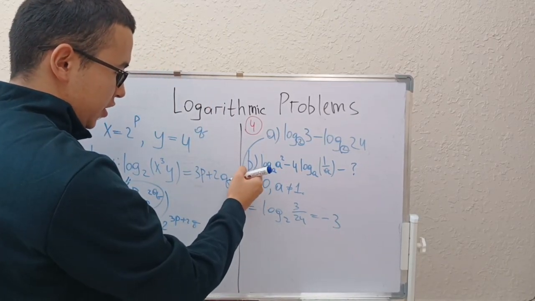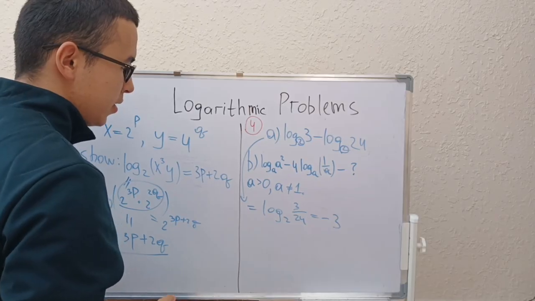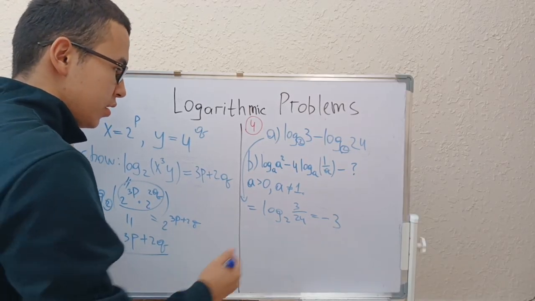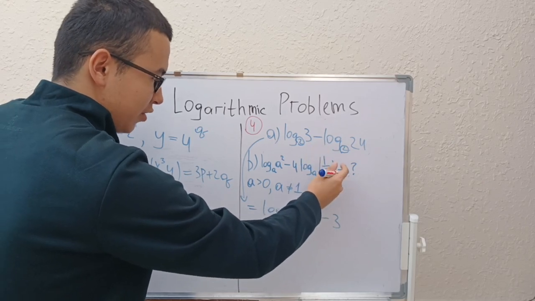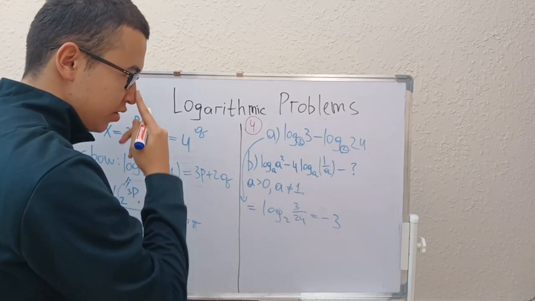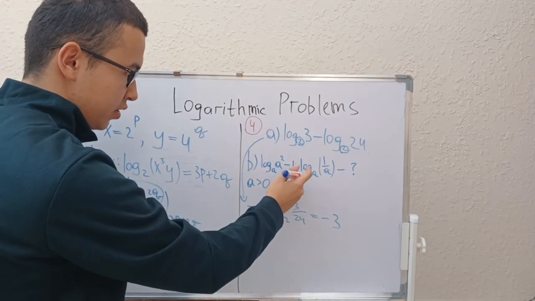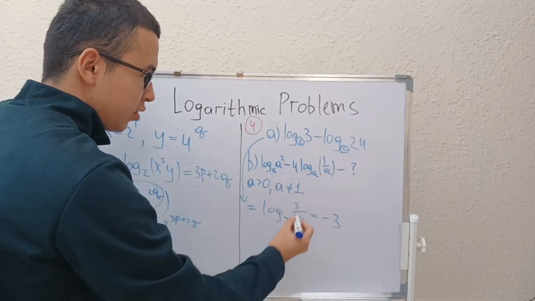And for statement B, we know that here we have 1 divided by a, and we have the expression multiplied by 4.